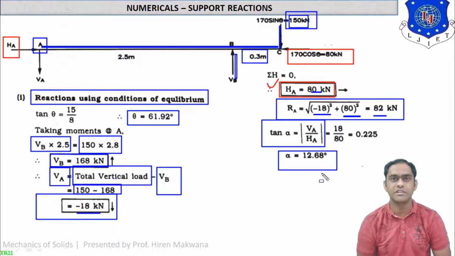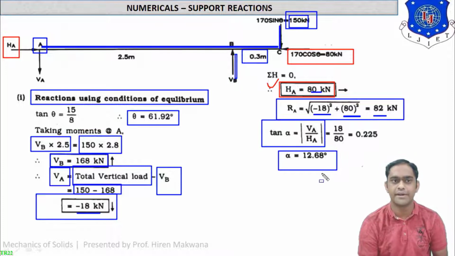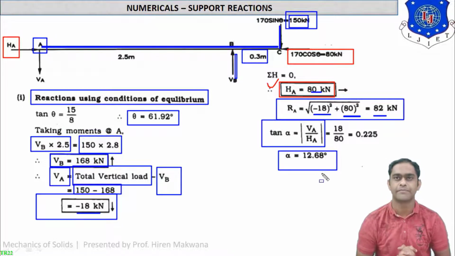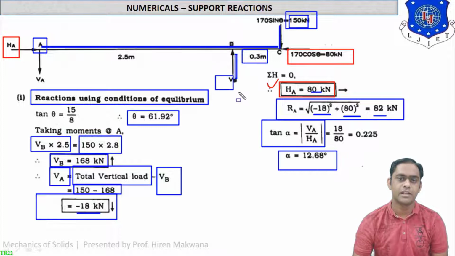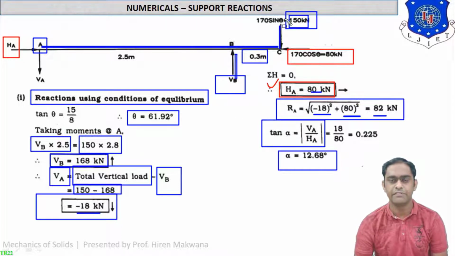So how many reactions we have found out? You don't concentrate on HA and VA separate components. You just concentrate on RA. Why? Because in Lami's theorem, we only calculate RA directly. We are not going to calculate HA and VA separately. We just calculate RA. Then after we will calculate VB, and we will take the help of this 150 kilonewton.